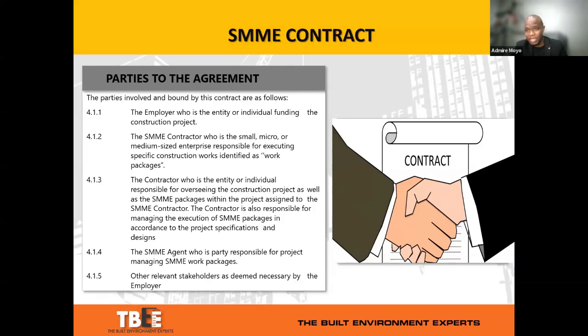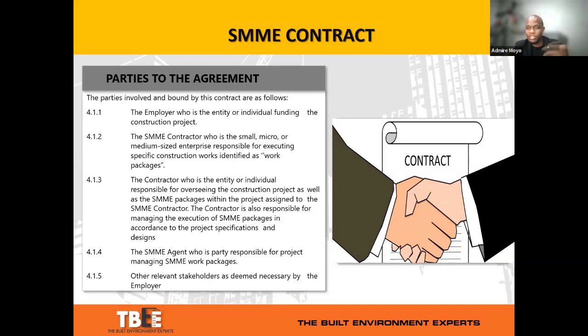However, we recognize that looking at the various professional scopes of services and service level agreements that are there, none of those agreements expressly allow for any of those disciplines to execute services as an SMME agent, so to speak. So we've split that as a separate, distinct discipline, as it were.